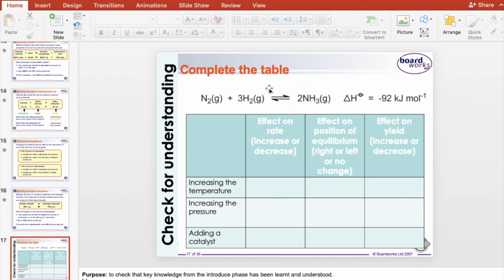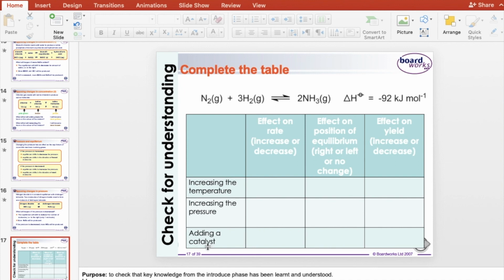So you can see, if you increase the temperature, what will happen? If you increase the temperature, is your equilibrium going to move to the left or to the right? You can pause, you can check the video to find out. And then if you decrease the temperature, what will happen?